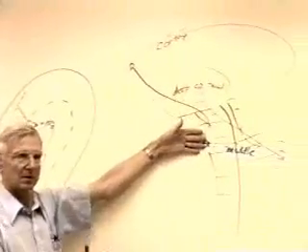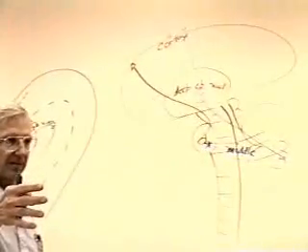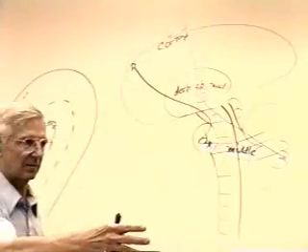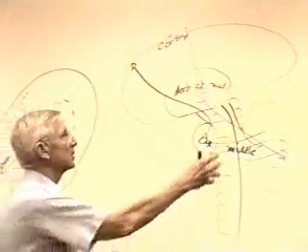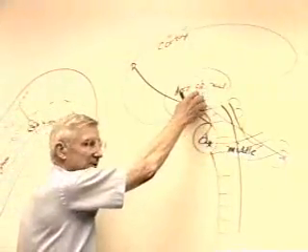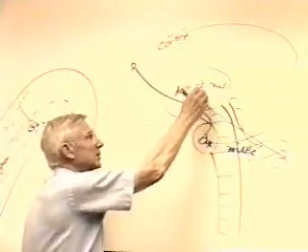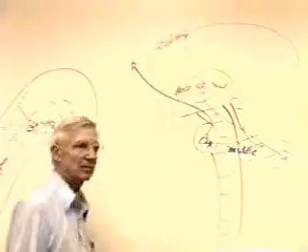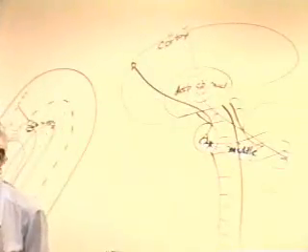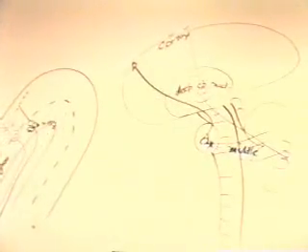Cortico-ponto, the opposite cerebellum, the dentate, to the opposite again, back to the side, red nucleus, ventrolateral, and the cortex. So this is a system that's about 50-50.